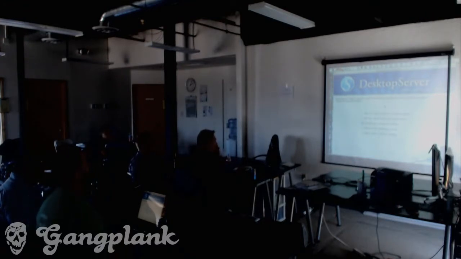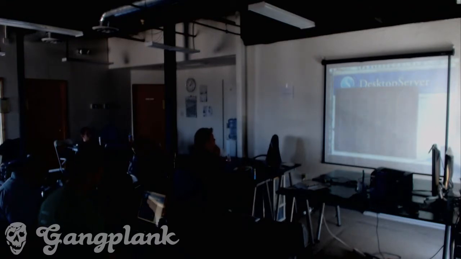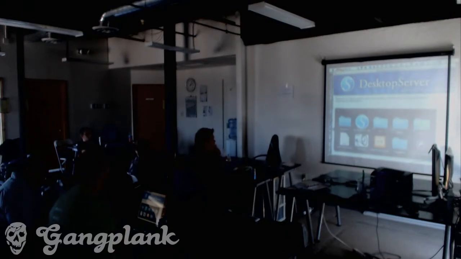Now I'm running the Desktop Server Premium version. I believe it's $59. You can get the free version, which allows you to run three local sites. But what this is really doing, and I'm going to veer off here real fast, is it's using XAMPP.